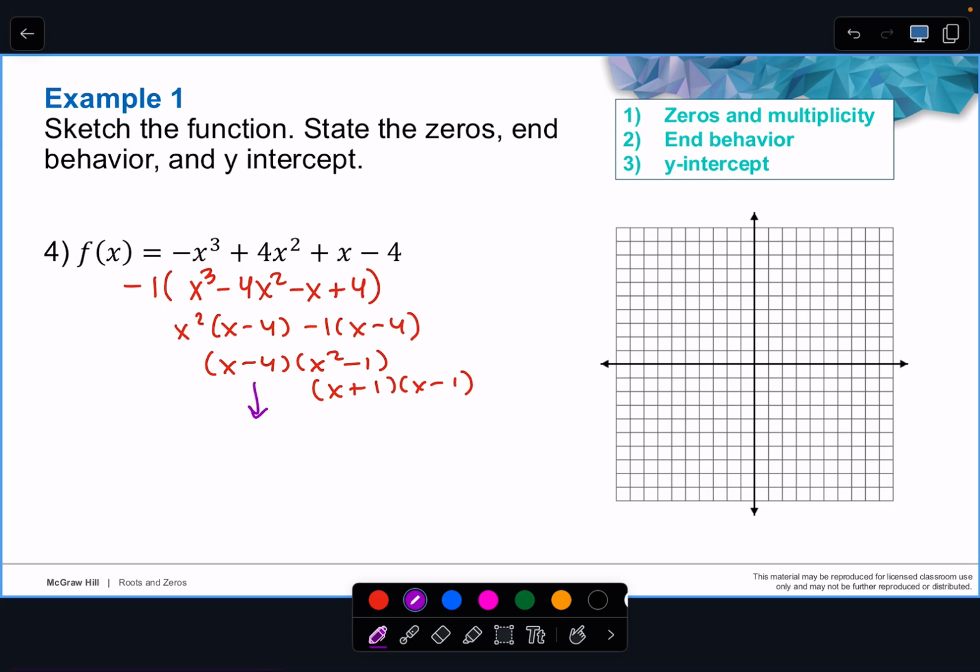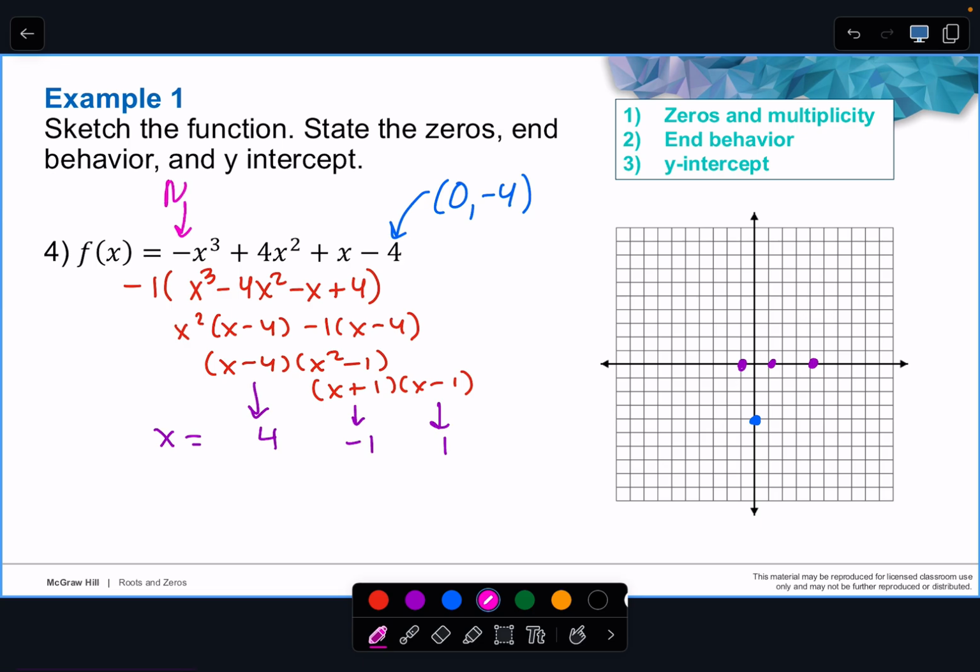So since that -1 didn't have an x with it, it doesn't provide an answer. Here's the answers. 4, 1, and -1. Y-intercept of -4. That's right here.